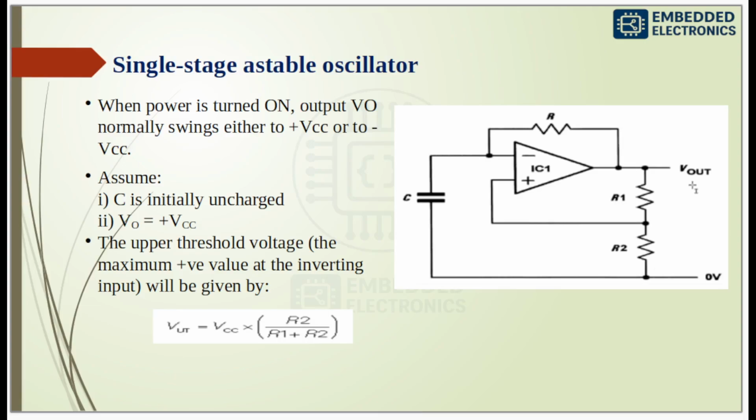So a simple form of astable oscillator produces a square wave output using just one operational amplifier, and this is the circuit.